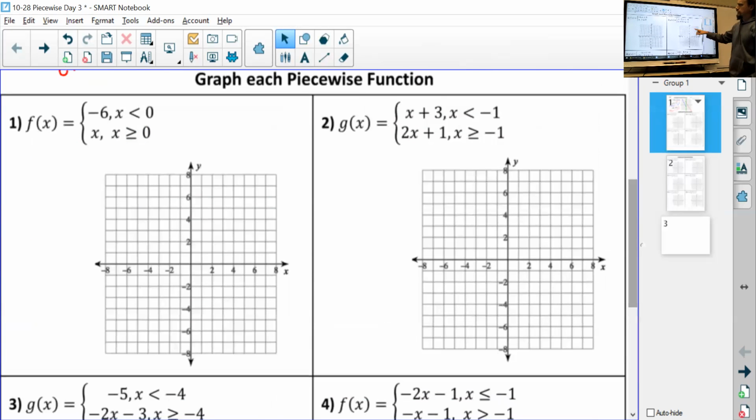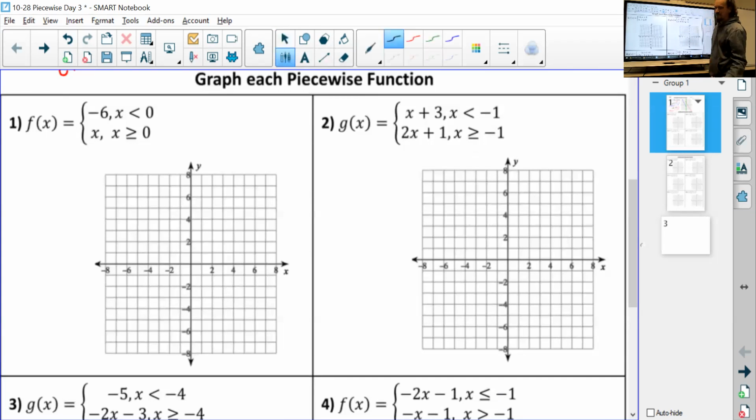The only other thing to look at is this one here. So x less than 0. When x is less than 0, it's just telling us y equals -6. So that just means, there it is. Okay. So I'm going to have a point where x is equal to, or approaching 0, and y is just going to be -6.